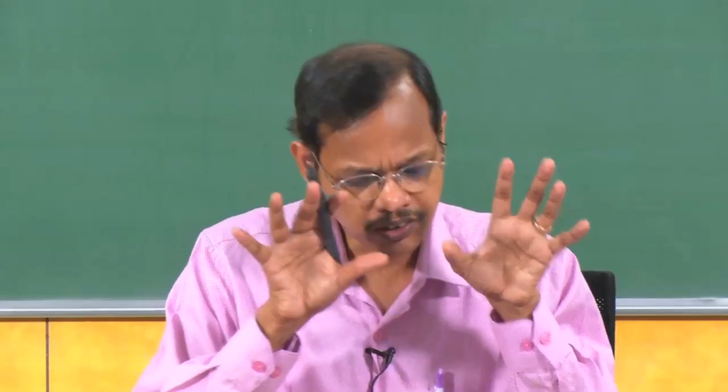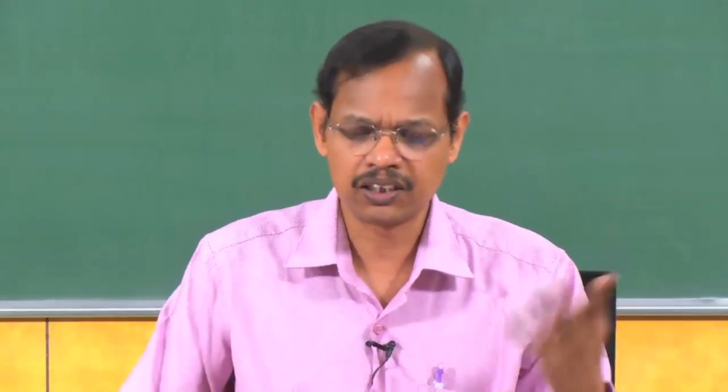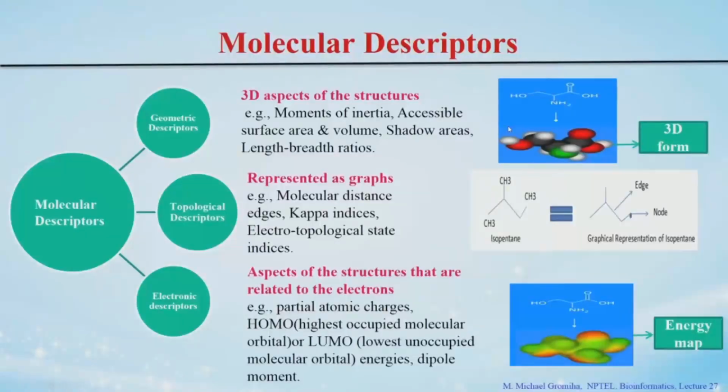Some of them are calculated properties and some of them are measurable properties. Then we can see these descriptors in different groups, like geometric descriptors, topological descriptors or electronic descriptors.